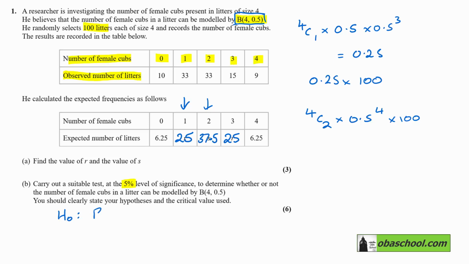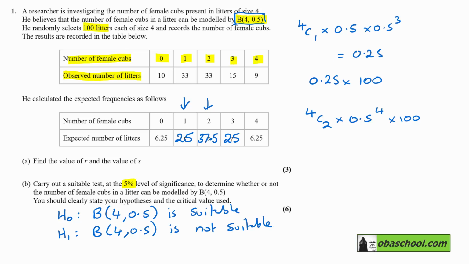That is that the binomial for 0.5 is a suitable model. The alternative hypothesis then will be that a binomial for 0.5 is not a suitable model.